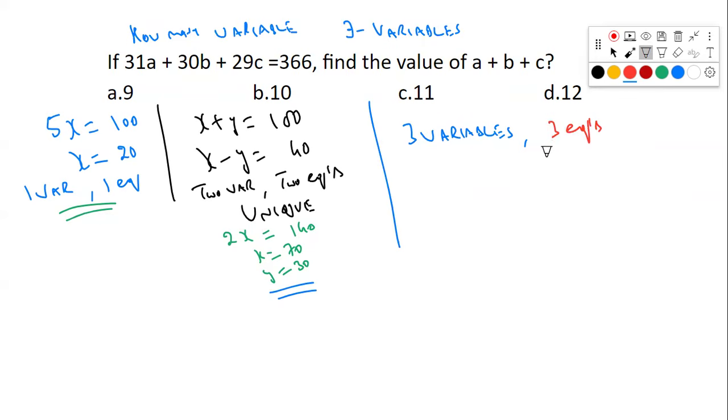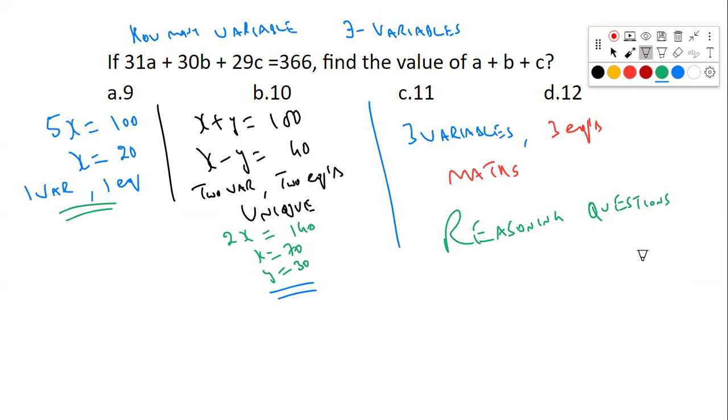But here, if you see, you have only one equation but three variables. Whatever we are discussing so far is mathematical, but this question is more of reasoning. This question is more of logic building. It is not mathematics.